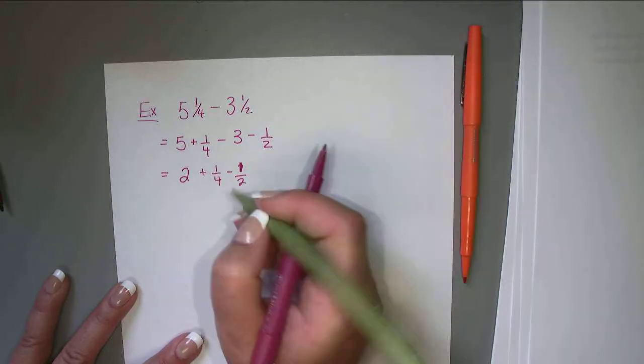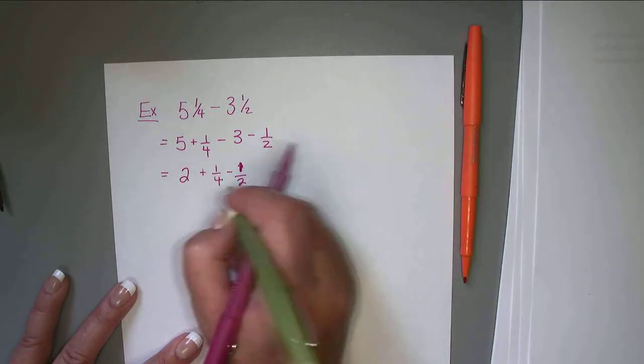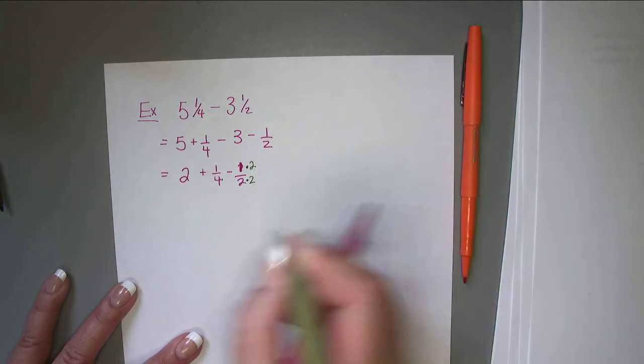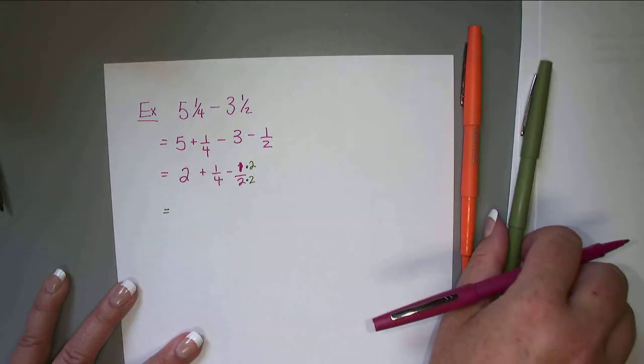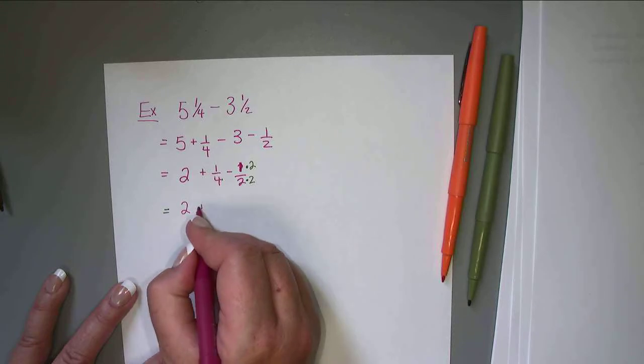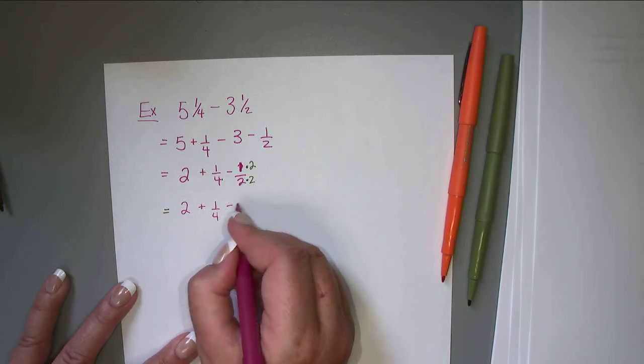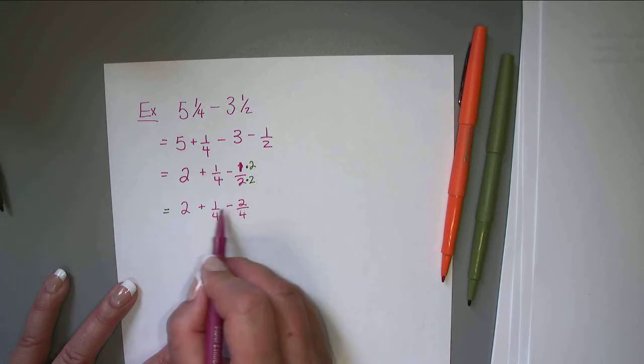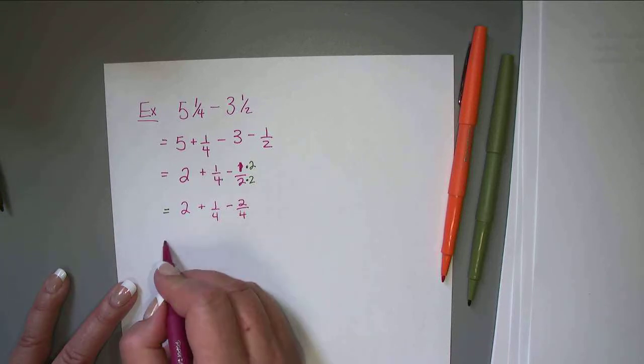So we're going to multiply this. Actually, the common denominator would be 4. We only need to multiply this one by 2. So we'll have 2 plus 1/4 minus 2/4. Now we can subtract them, but it'll give us a negative, so we want to borrow 1.